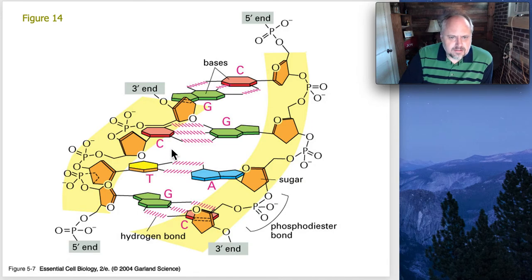You can really see it. So here's your 3 hydrogen bonds between G's and C's. Here's 2 hydrogen bonds between A's and T's. And notice that your sugars on the two sides are upside down relative to each other. And that's because this one's going 5 to 3. This one's going 5 to 3 the other way.